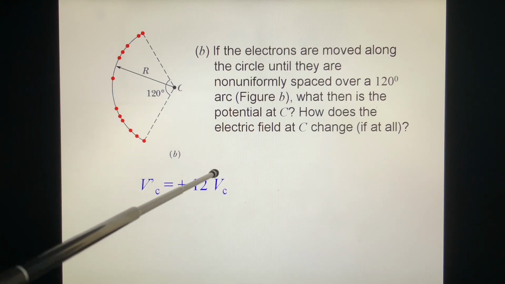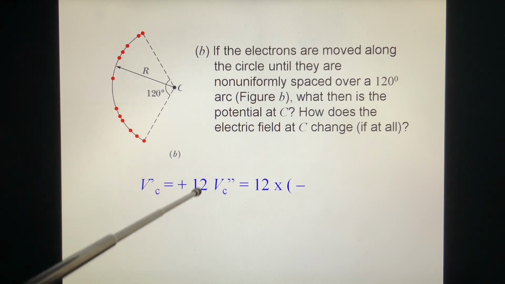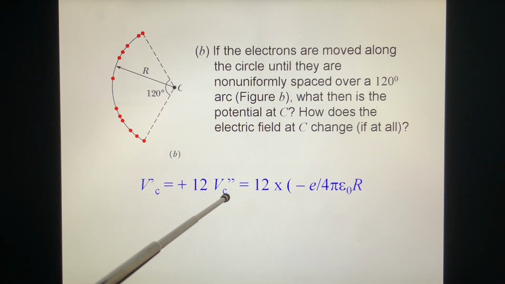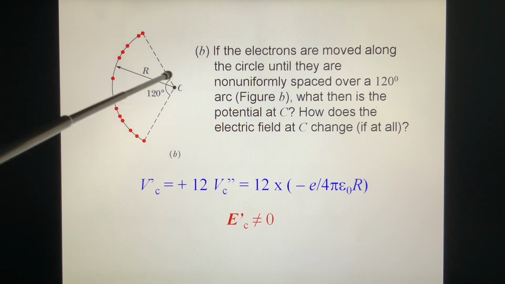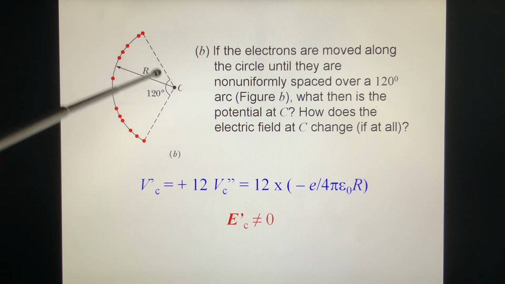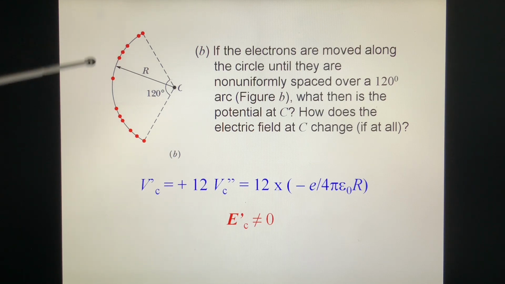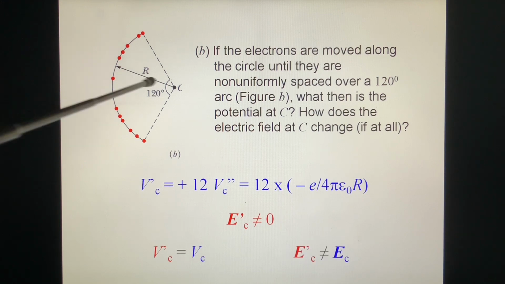We still do the same thing. The V is still the same because it is a scalar. We just put them together and get the same answer. But E is different. In this case, E is not equal to 0. We have to calculate it based on the detail. So the V does not change, the E changes.